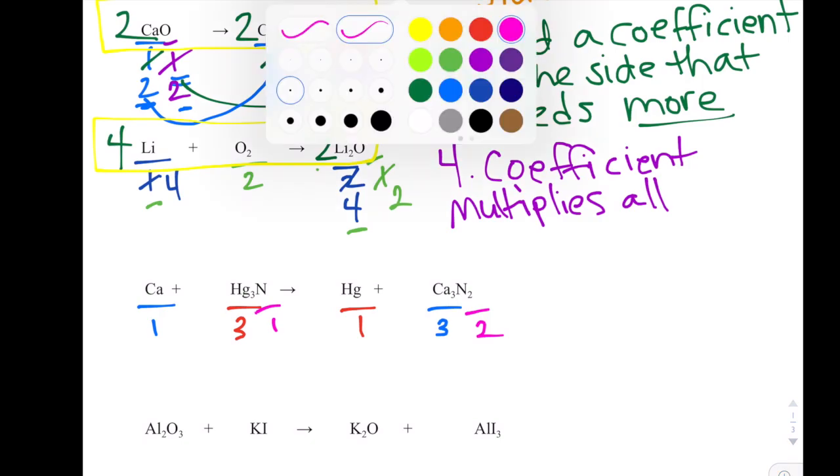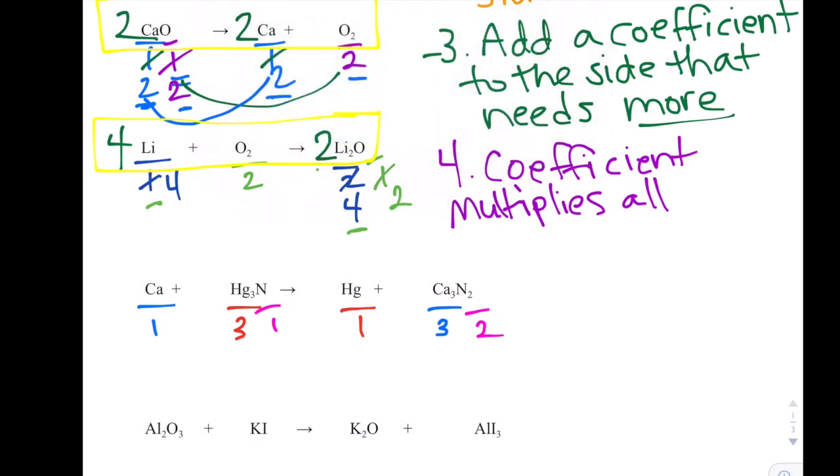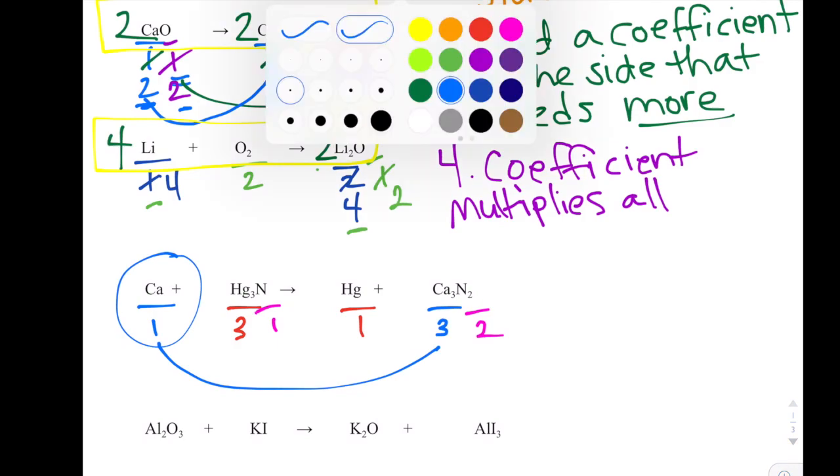So remember what I said before, like sometimes if you start with one, like our Ca here, Ca 1 and 3, if I fix this Ca, it's all by itself. It's an element. I can fix that later because I'm wondering if something might change that. Like we saw before, sometimes the coefficient changes something we don't want it to change, but then we have to fix that.